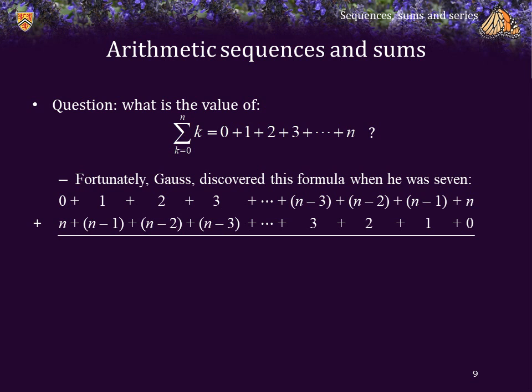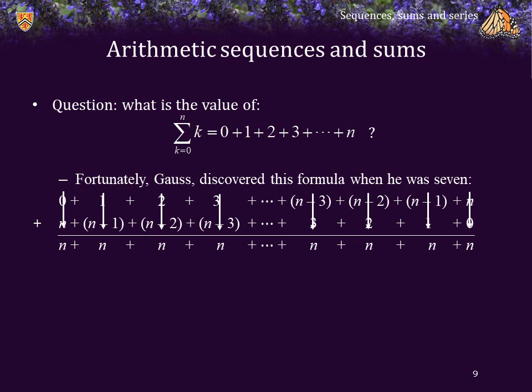But instead of just adding them as per normal, let's first notice that 0 plus n is n. 1 plus n minus 1 is n. 2 plus n minus 2 is n. 3 plus n minus 3 is n. Oh, wait a second. n minus 3 plus 3 is n. n minus 2 plus 2 is n. n minus 1 plus 1 is n, and n plus 0 is equal to n.